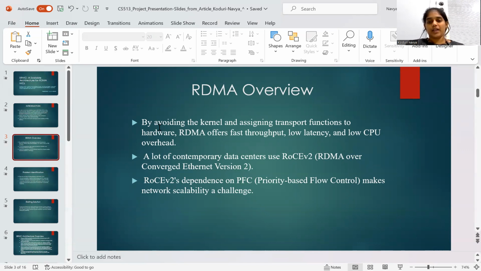By using PFC, a challenge is created for the network scalability. And going to the next slide, let us discuss the problem identification.